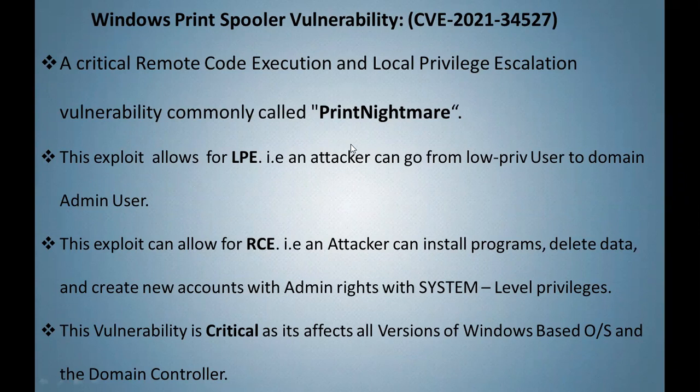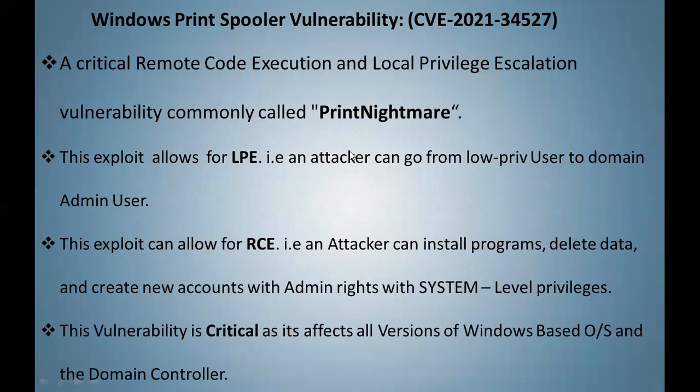For local privilege escalation, an attacker can go from having a low privilege user account to having a domain admin account, escalating his privilege to carry out some other sophisticated attack. For remote code execution, which we'll be doing today in our lab, the attacker can install programs, delete data, and also create new accounts with full admin rights that have system level privileges, right?